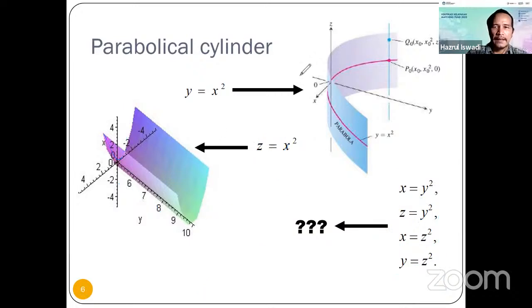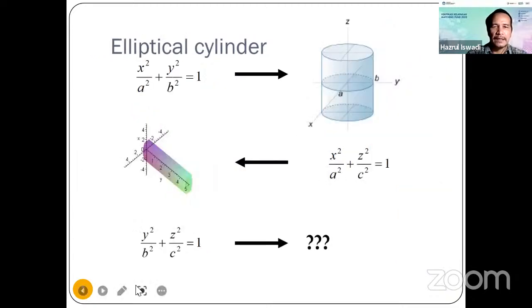Okay, let's continue with the elliptical cylinder. Elliptical cylinder means that we have an ellipse as the generating curve and move this ellipse along a straight line, in this case along the axis.